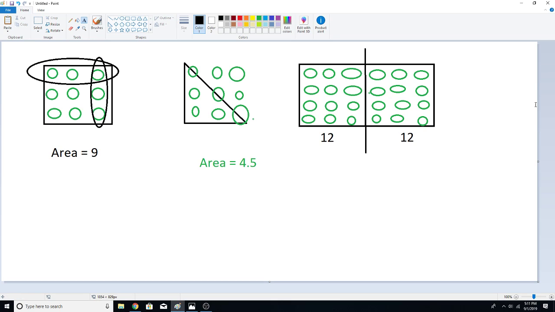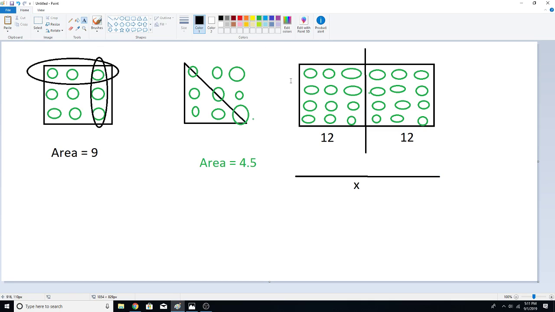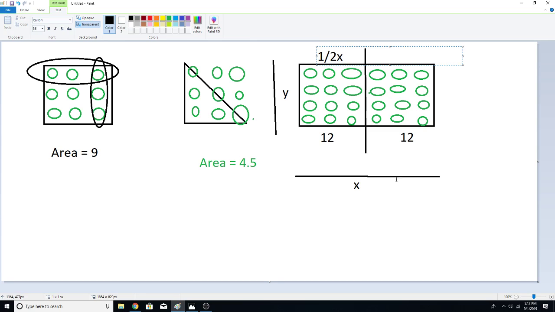Now, if we say, for example, this whole length here is, shall we say, X, and this length here is Y. So if we split the rectangle, what we're doing is splitting X. So basically what it ends up being is half X and half X.